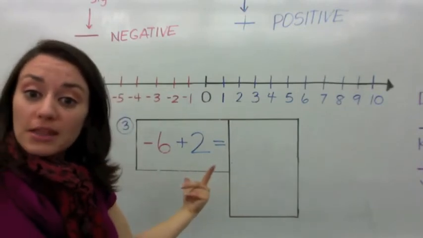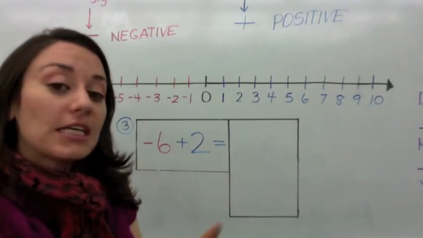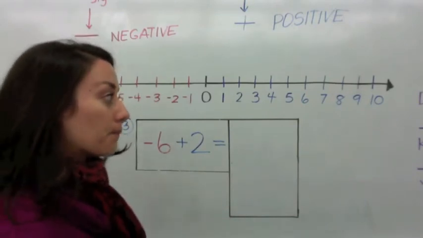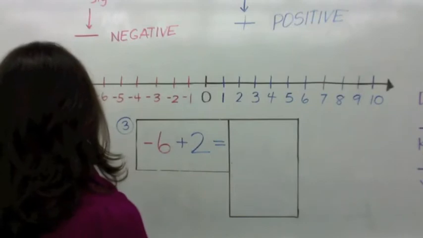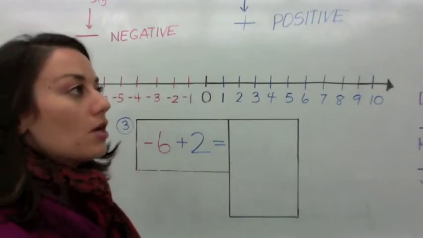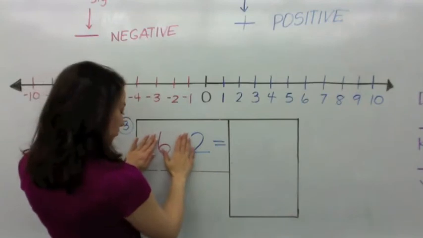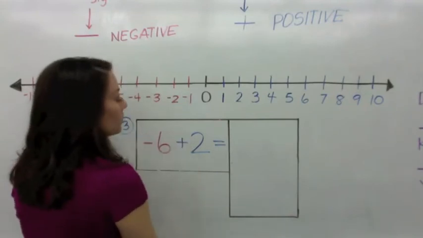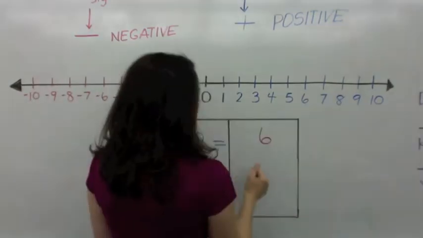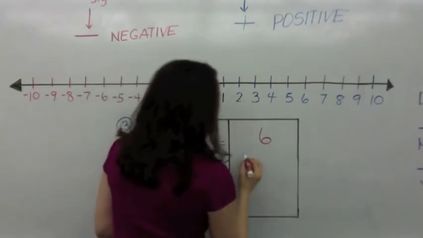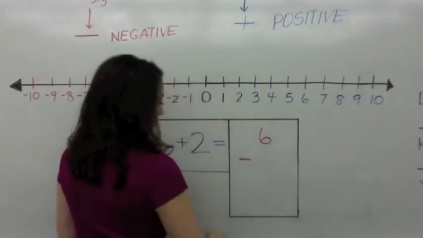So you're going to subtract these numbers, but then you're going to keep the sign of the higher number. When you do subtraction, you ask yourself, if we don't look at the signs, what number is bigger, 6 or 2? 6, right? So you're going to put the 6 at the top. You're going to say 6, but you are going to subtract the 2.